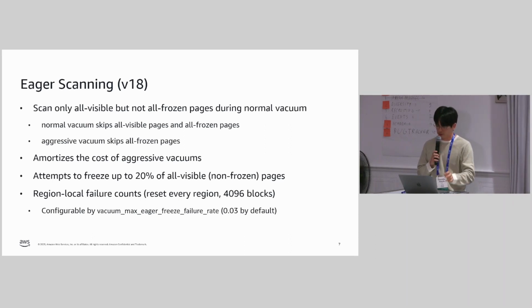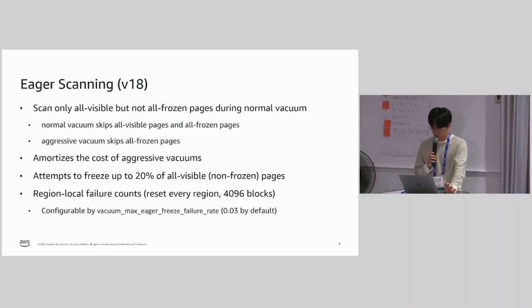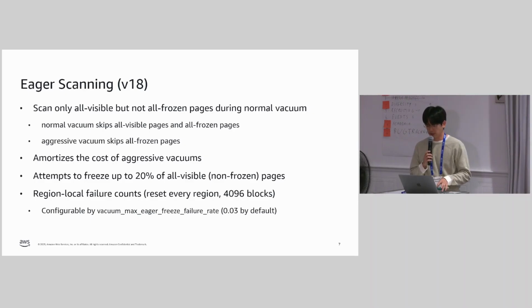Since the goal of eager scanning is to amortize the aggressive vacuum cost, it doesn't try to freeze all all-visible but not frozen pages. Instead, it attempts to freeze up to 20% of them. Also, there are freezing failures. I mean, we eagerly scan the page, but we cannot freeze it because there are some tuples that cannot be frozen at that time.